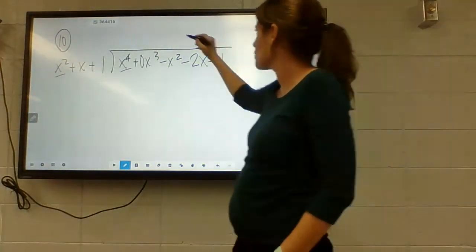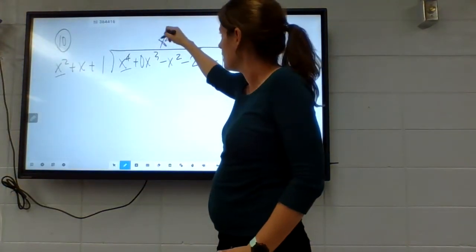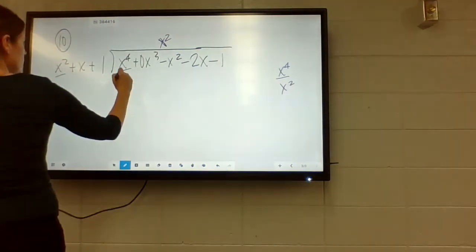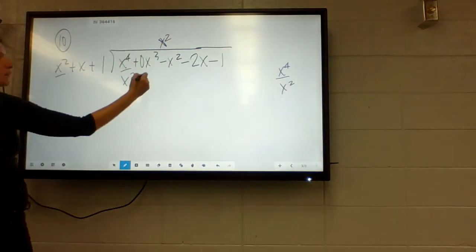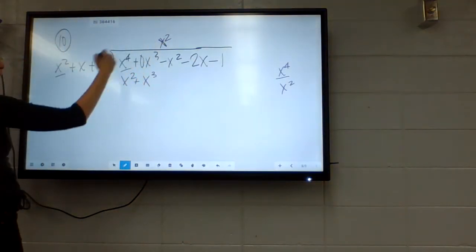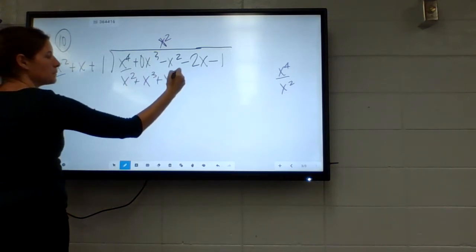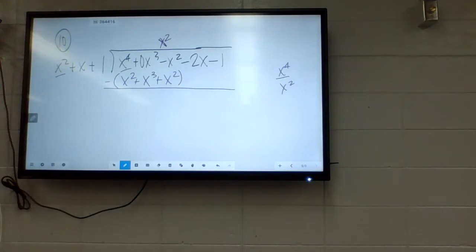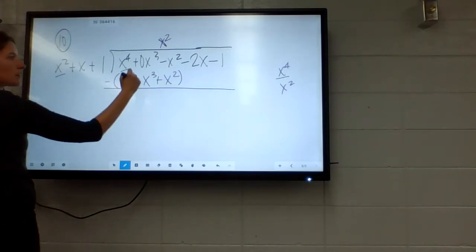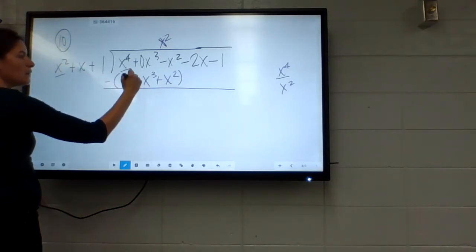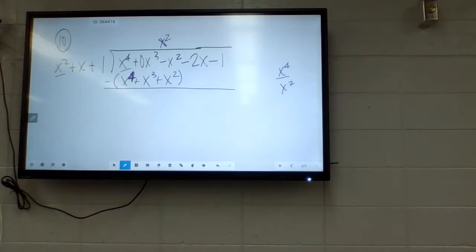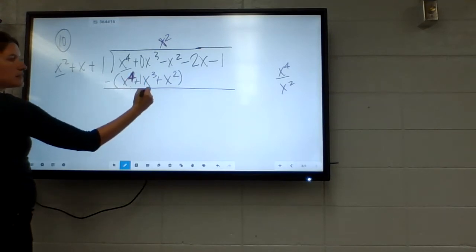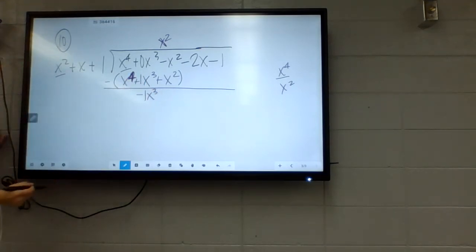So this will be x squared. So I'm going to multiply that back through. Oh, that should be an x to the 4th, sorry. So that first term should cancel. 0 minus 1 is going to be a negative 1 x to the third.